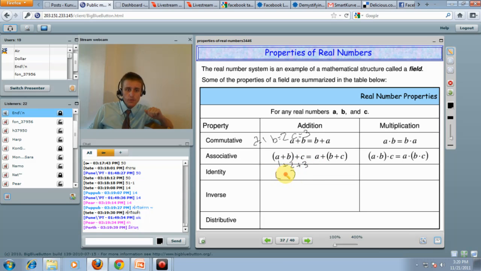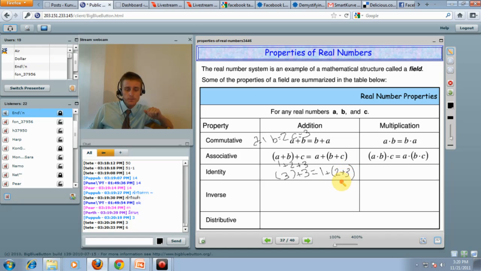So what is 1 plus 2? Correct. 3 plus 3 for the C. Equals A is 1 plus 2 plus 3.